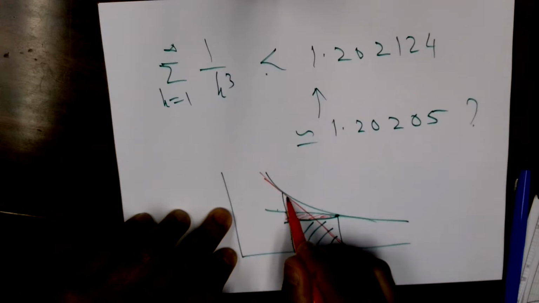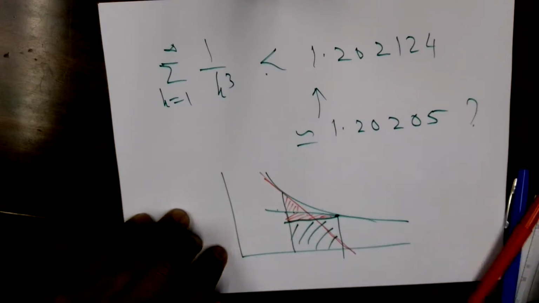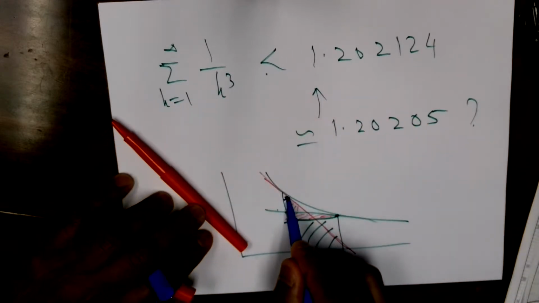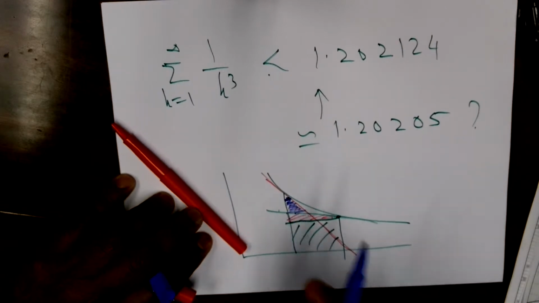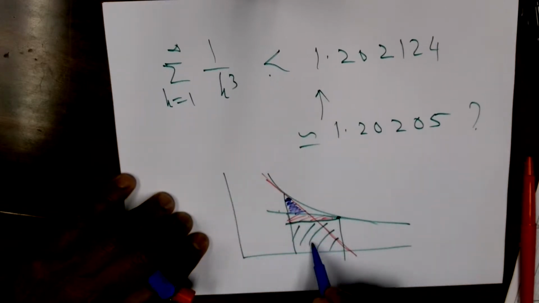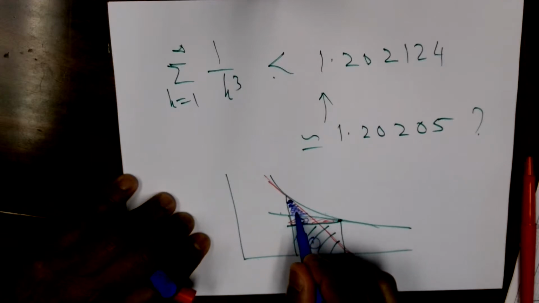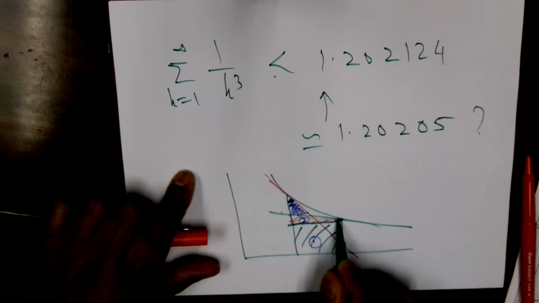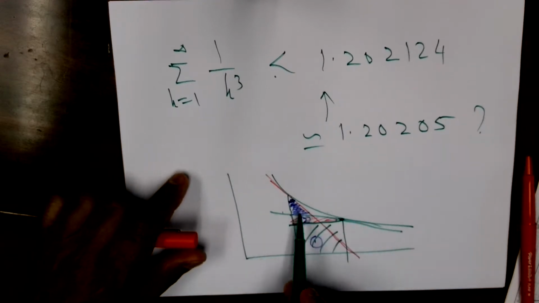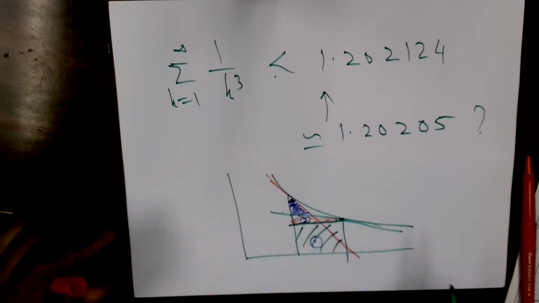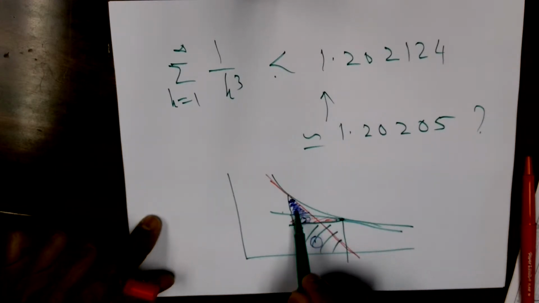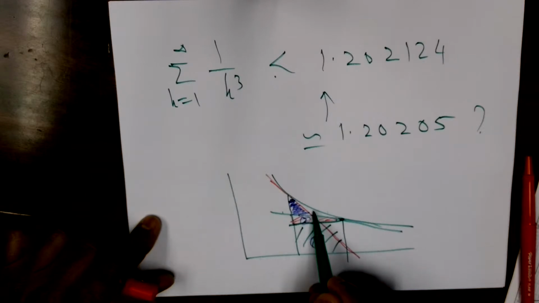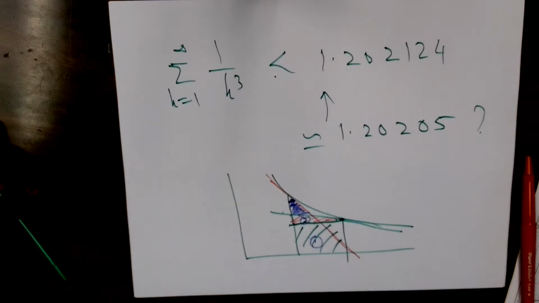And if you can somehow figure out this area, let me draw it in another color, let's say this area, then that's a better approximation, because then this 1 plus 2 plus 3 is still less than this curve. So that may be a way to go. In other words, you can draw the tangent and let them interact. So the whole point is to approximate this area below the curve more and more, so that the approximation gets better.